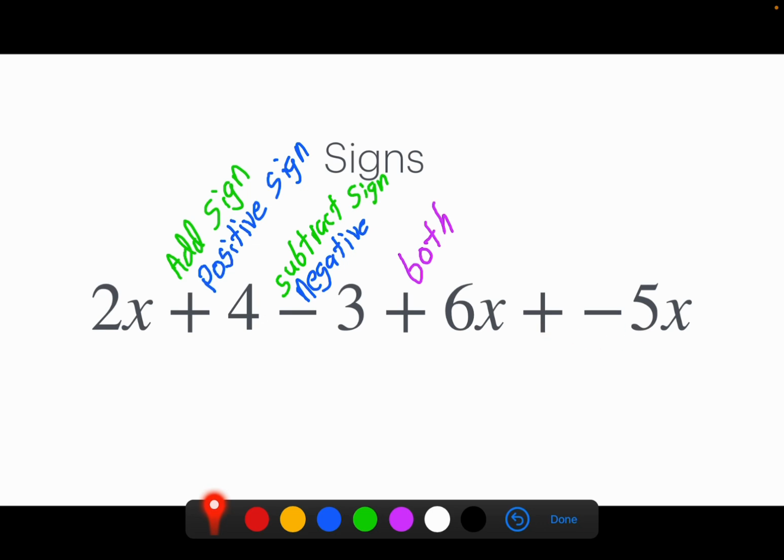So this is only an add sign. It's an addition sign. This sign right here is only a negative sign. This sign right here is a negative sign because it is directly to the left of this number, which means this 5 is to the left of 0.